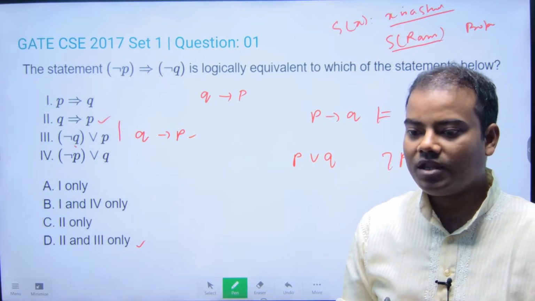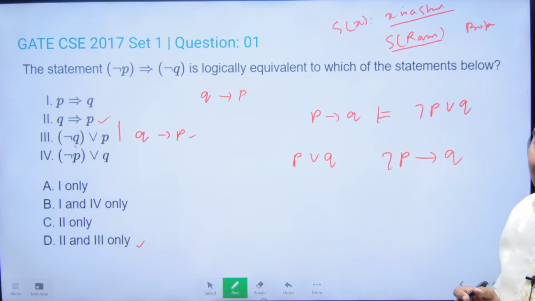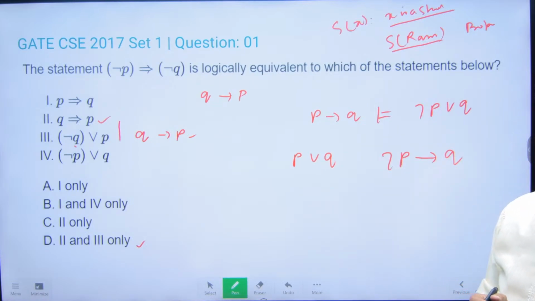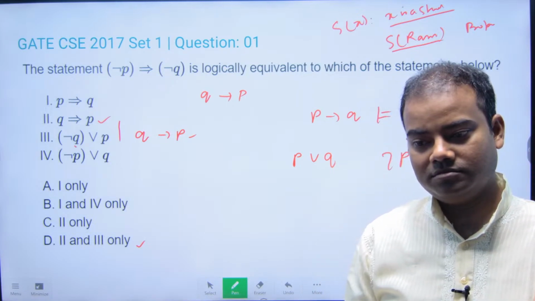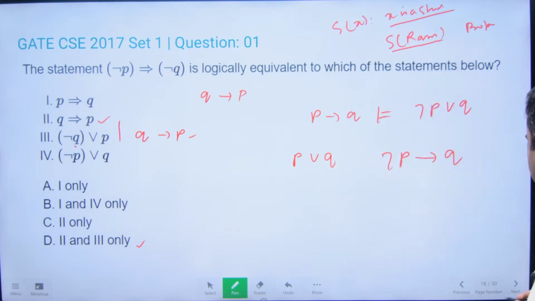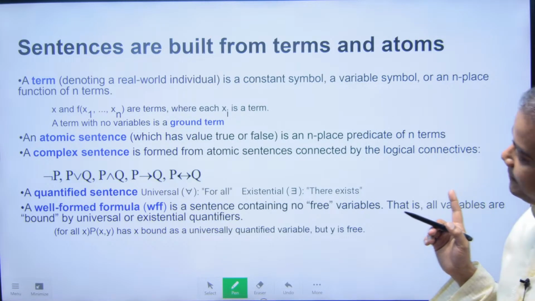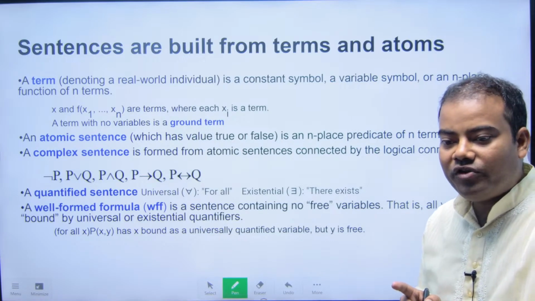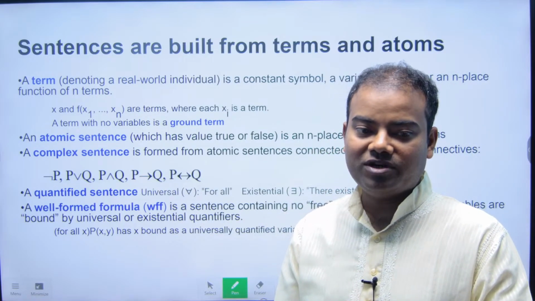Okay. So in your GATE syllabus, this proposition logic and predicate logic, both logics are inductive or deductive? Deductive. So now we'll come to predicate calculus. Like in proposition logic we have some well formed formula definition. What is the definition?